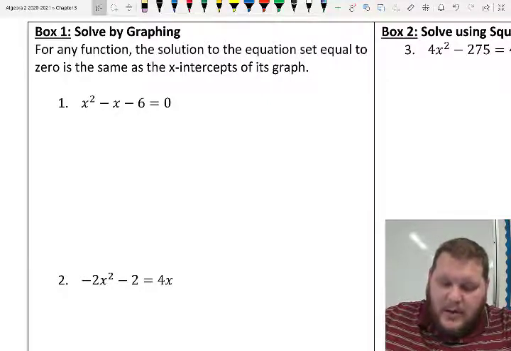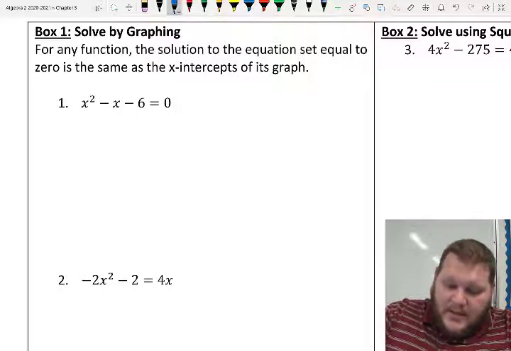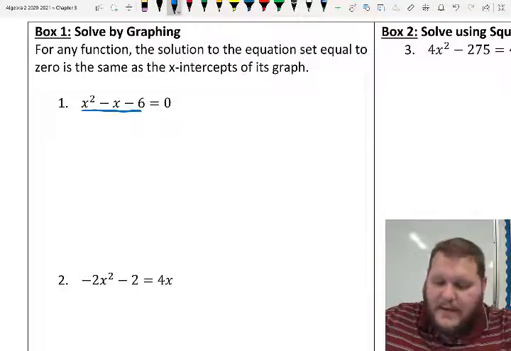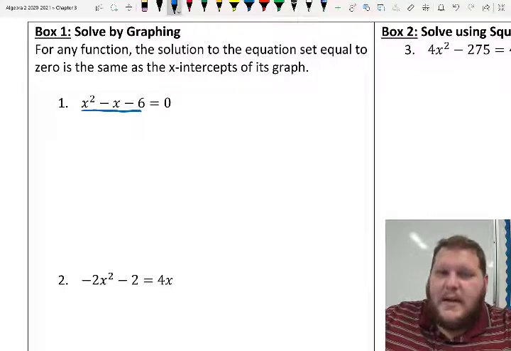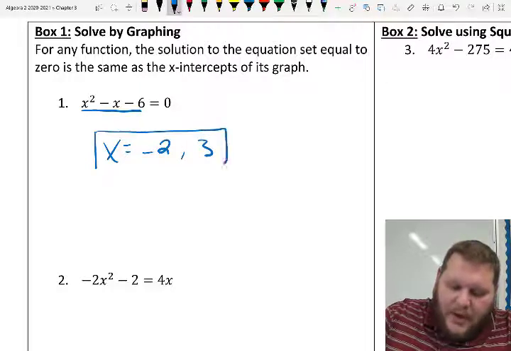So in number 1, x squared minus x minus 6, because it's already set equal to 0, you would just graph x squared minus x minus 6 on Desmos, or on paper, and you should get that your two x-intercepts happen at -2 and +3. So I'm not going to show you that.